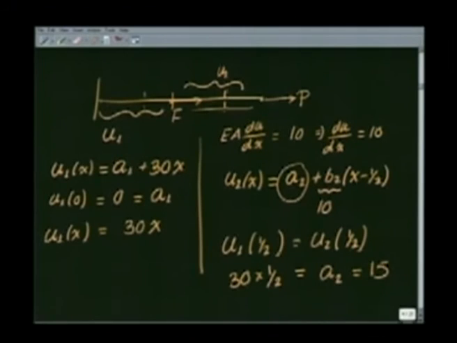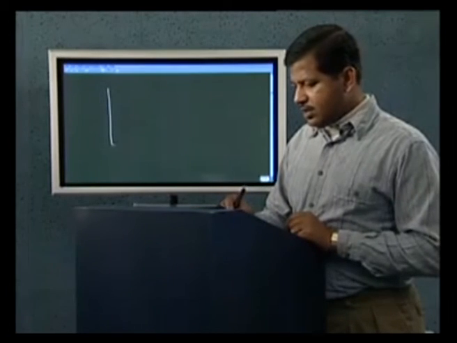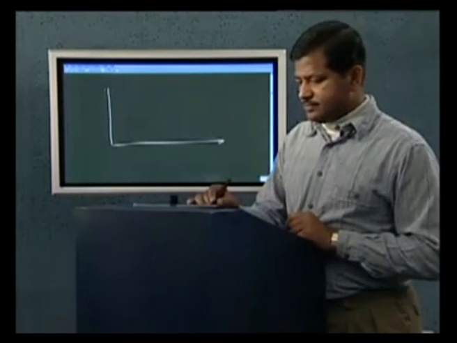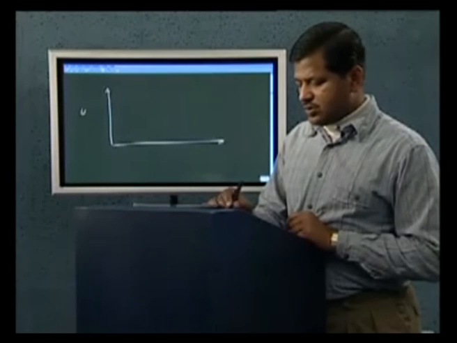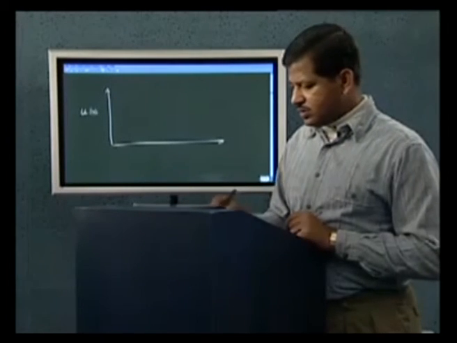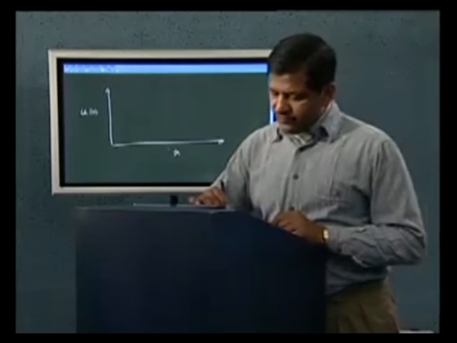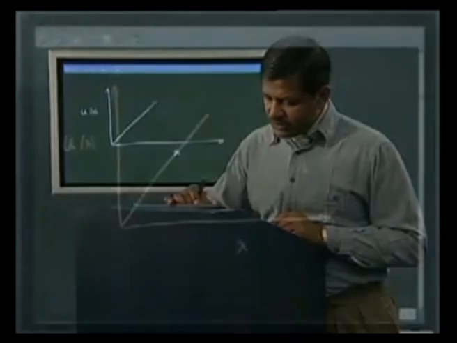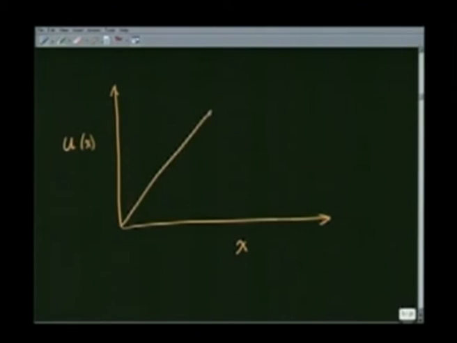Now, if you plot this function as a function of x, in the first part the slope will be 30 up to the point x equal to half, and beyond the point x equal to half, the slope will be 10, up to the point x equal to 1.